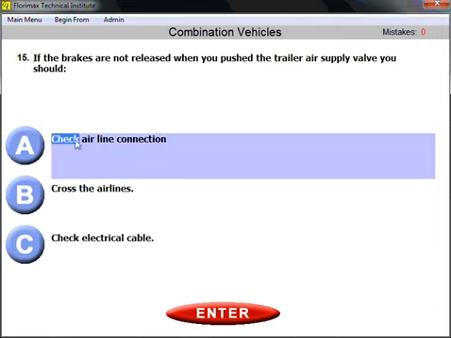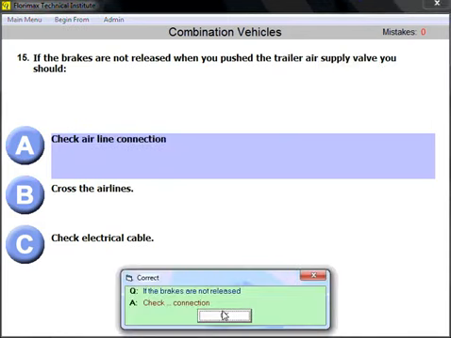Even if you don't know what the trailer air supply valve is, it's something with the air. So if it is not released, something is wrong. Air supply valve, check airline connection. Don't check electrical connection. Check airline connections.